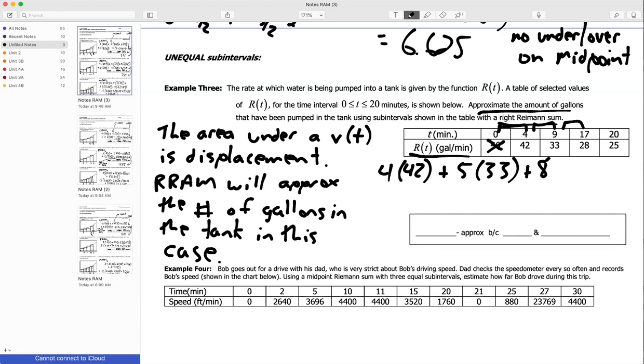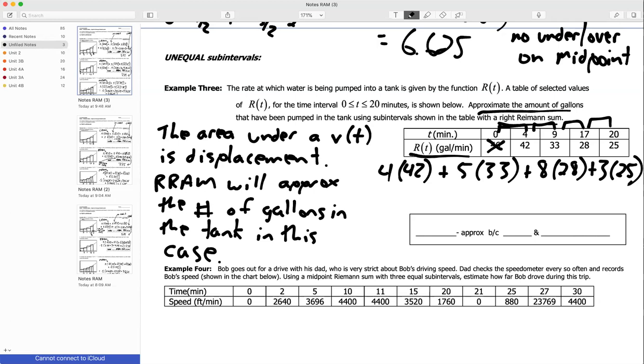So my width is going to be 8, and my height is 28. And my last one here, I've got a width of 3 and a height of 25.